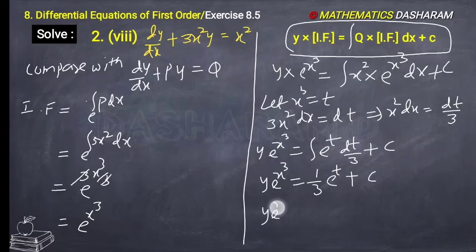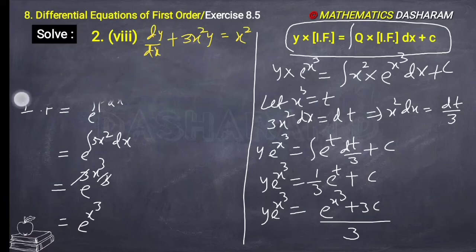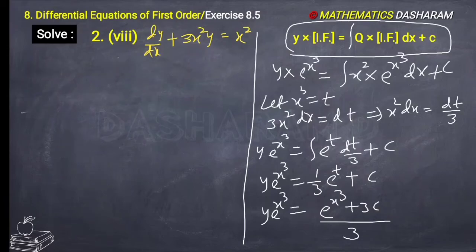So y into e to the power of x cube equals 1 by 3 into, here 3 is the LCM, then e power t, where t is x cube, plus 3 into c. Next, 3 is transposed to the left side, so 3y into e to the power of x cube equals e to the power of x cube plus 3 into c, which can be written as 3.